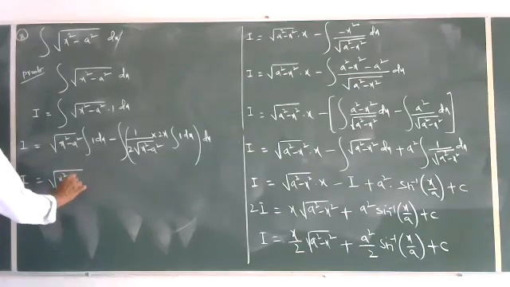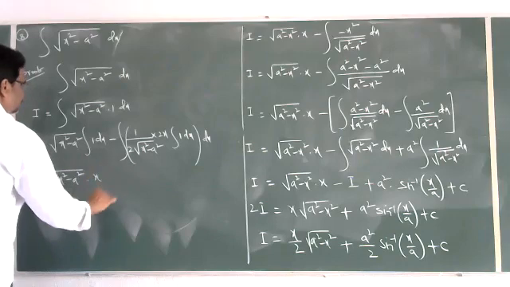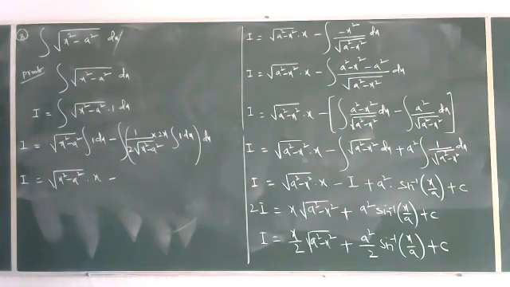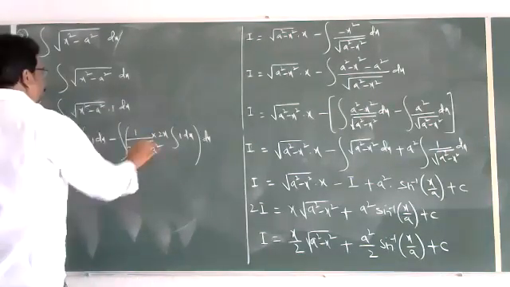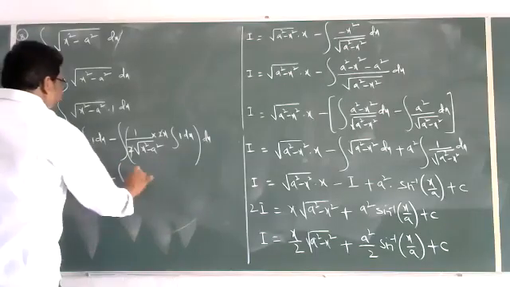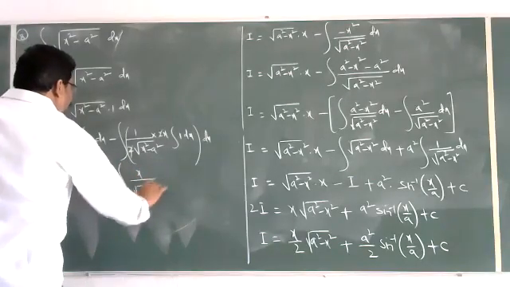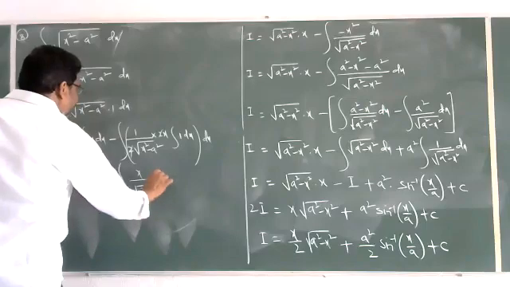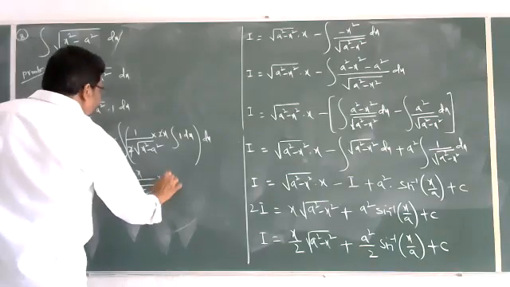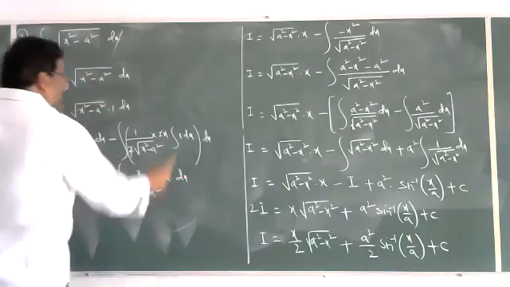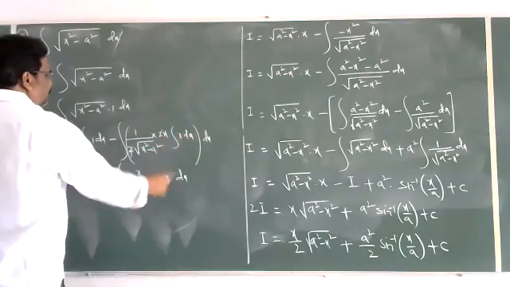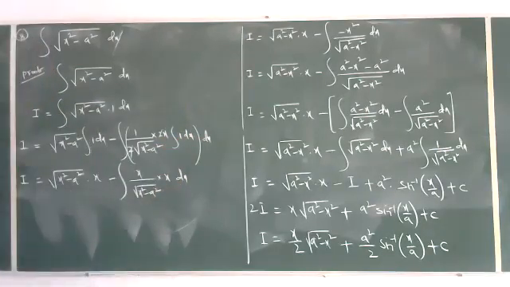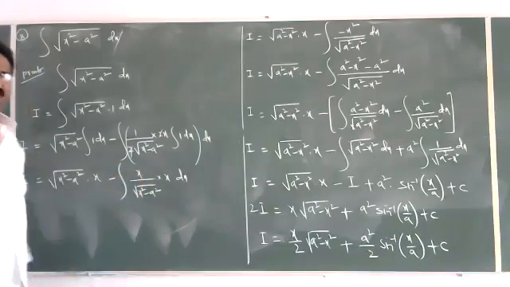Root of x square minus a square into what is the integration of 1, x, minus, here 2 cancels, integral x by root of x square minus a square into integration of 1 which is x dx. Here this is x into x, x square.